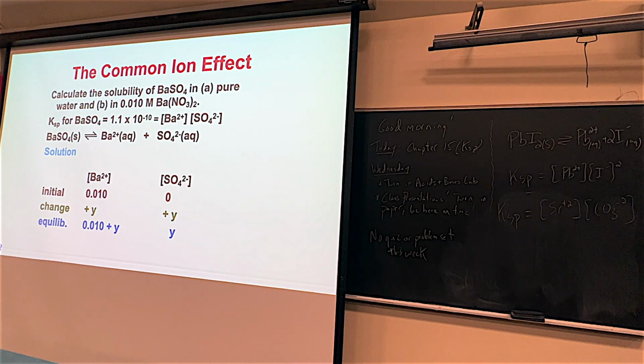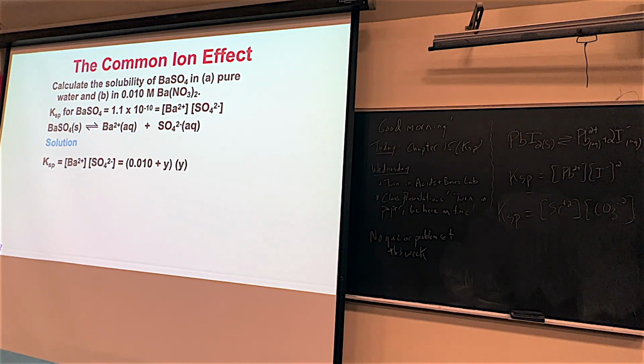So at equilibrium, your sulfate will be just Y, and barium will be the initial amount plus Y, the amount that you're changing. And those things are just equal to KSP. So KSP, the 1.1 times 10 to the minus 10, equals 0.010 plus Y for barium and just Y for sulfate.